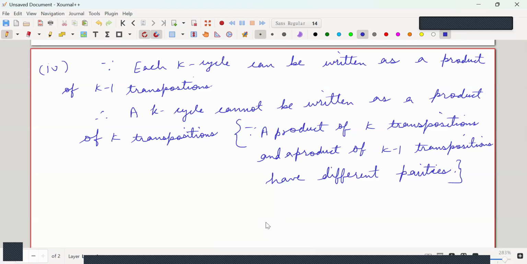And how can you do that? Just put the same two cycle twice. Very good. So you need at least K minus 1 transpositions, and you can do with any number of transpositions of the form K minus 1 plus 2R, where R is either a natural number or zero.